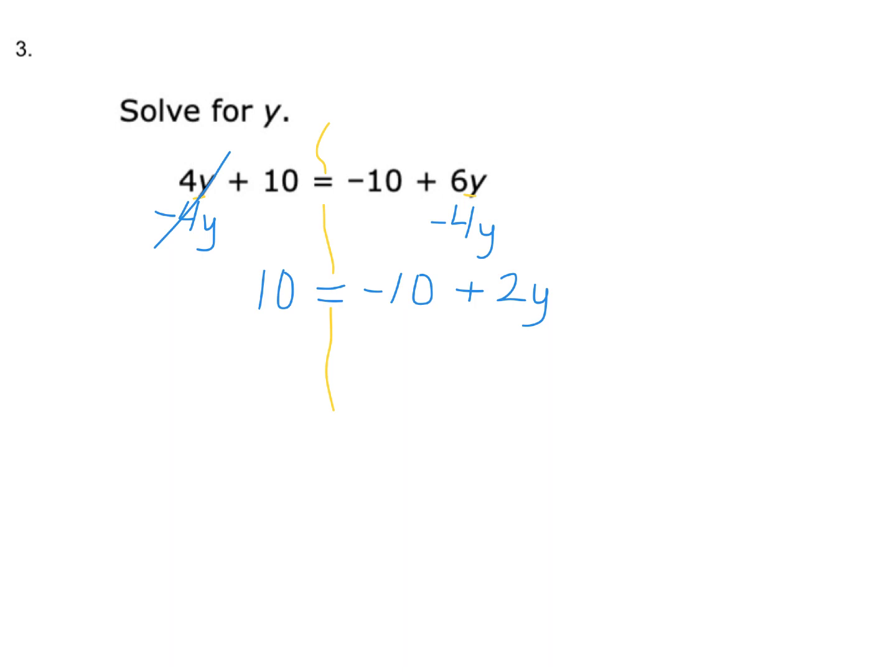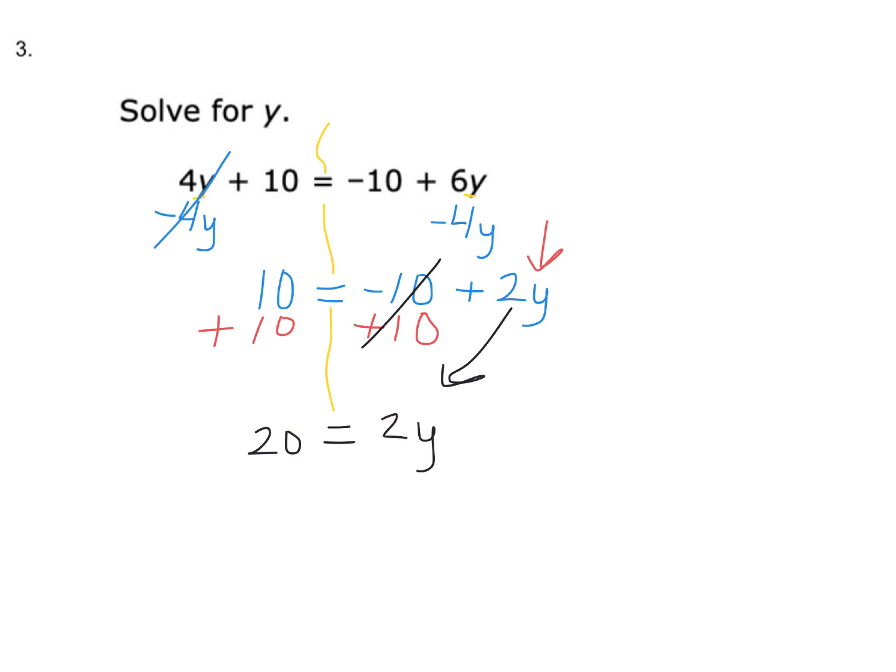So the next step would be to add 10. Since I have a minus 10 here, my variable's here. I'm going to add 10 to both sides of the equal sign. Okay, so that becomes 0. On the left, 10 plus 10, that is 20. And I bring this 2y down right here.